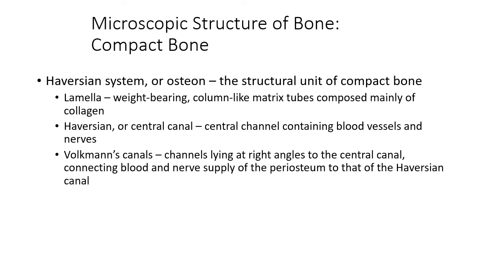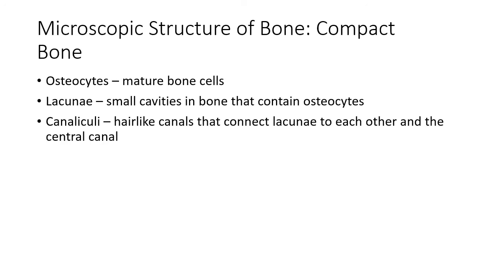These osteons look a lot like a tree trunk, and so they have all kinds of concentric circles inside of them, and within those concentric circles we have little spaces that are going to be filled in within them called lacunae, and then we have osteocytes that get trapped inside there.